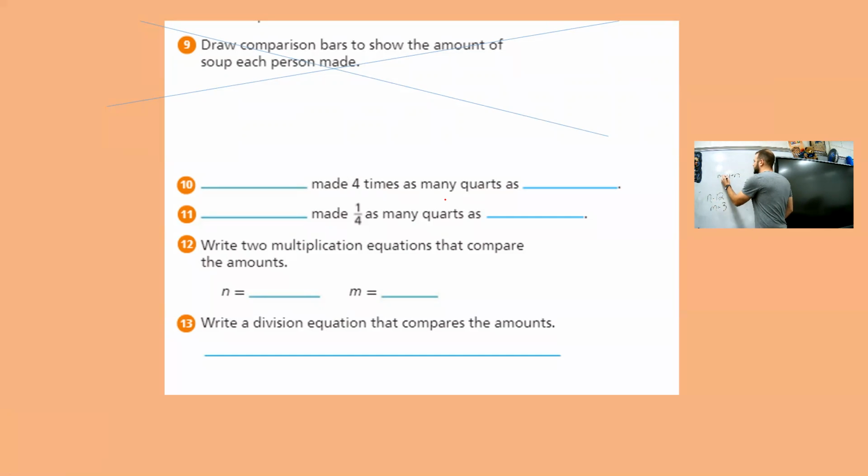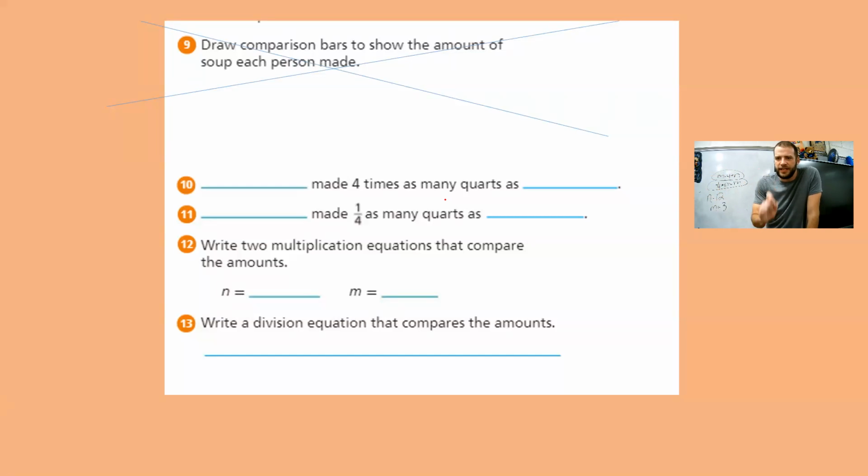M times 4 equals N, or 1/4 of M, no, I'm sorry, 1/4 of N equals M. That's fancy right there. And we could use that to help us with these. And if this is confusing to you, that's okay. This is like that next level.